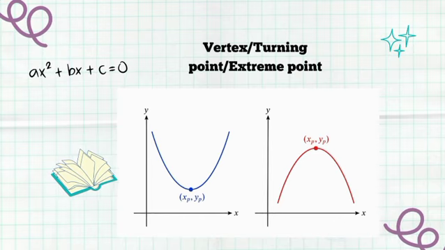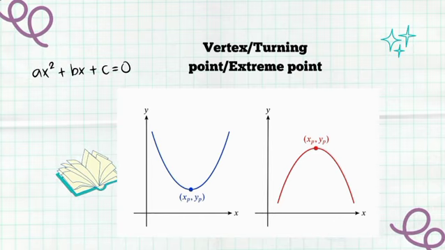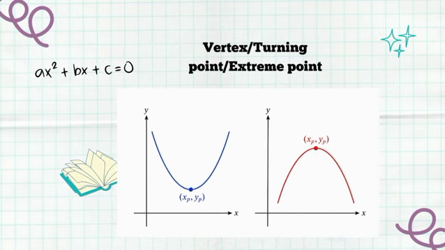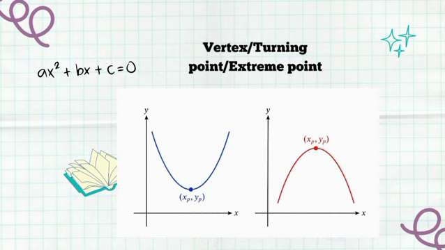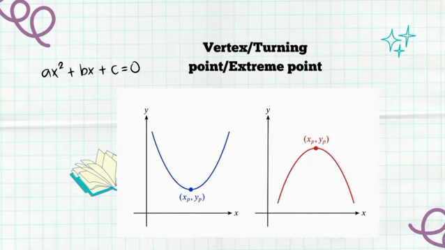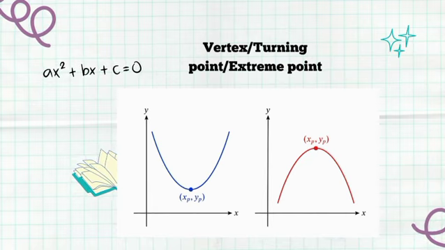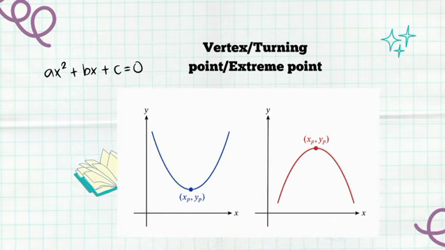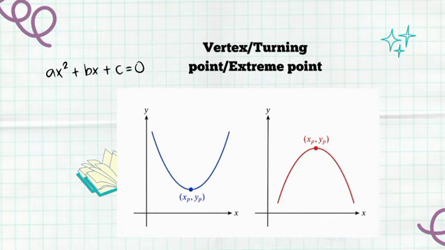The graph can open downward or open upward. The vertex, or turning point, or extreme point is located right here.